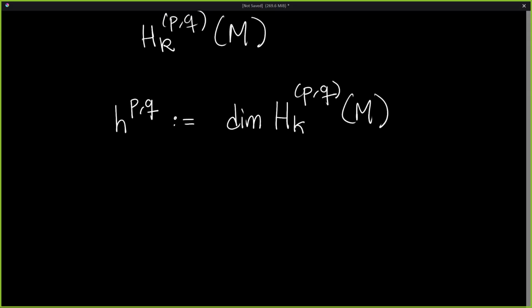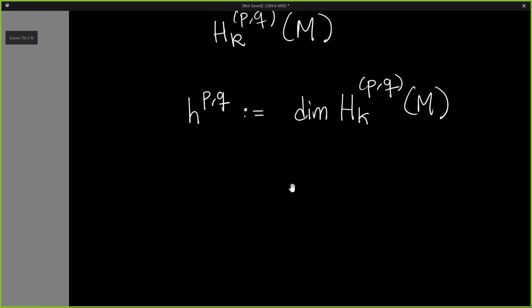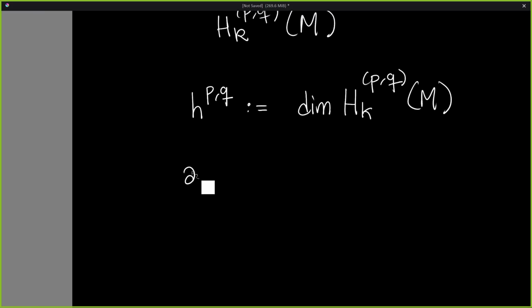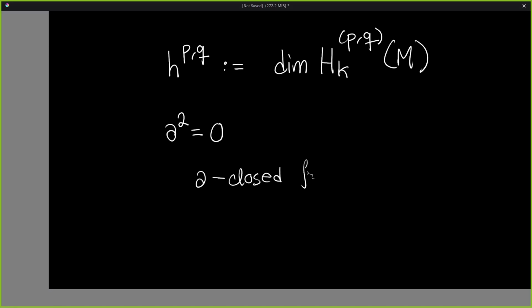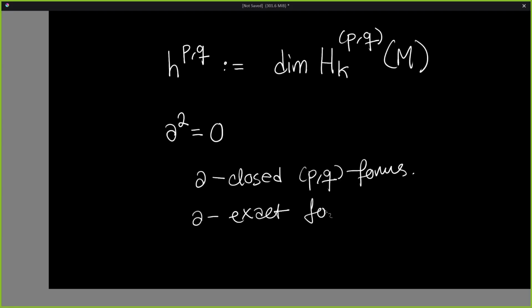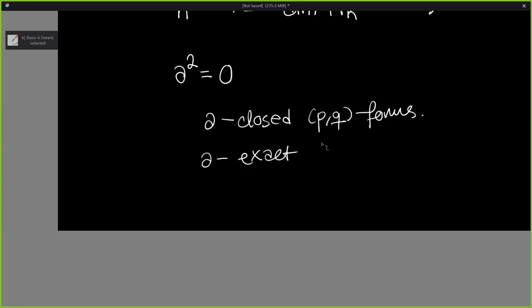So that brings us to the anti-holomorphic obstructions, which have a dual formulation in terms of partial squared equal to 0, the regular Dolbeault operator. Then we can talk about partial closed (p,q) forms and partial exact (p,q) forms.